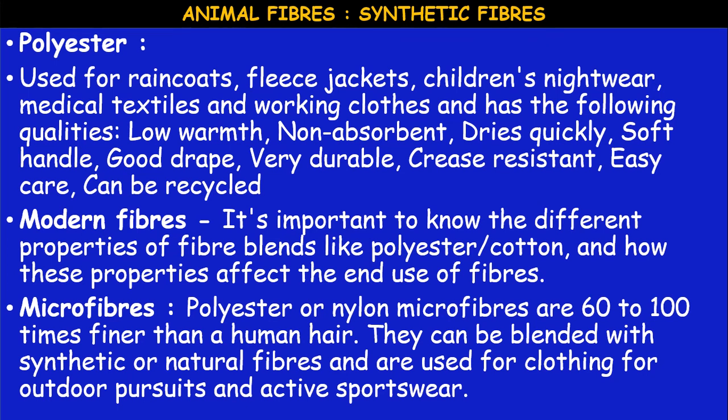Polyester or nylon microfibers are 60 to 100 times finer than a human hair. They can be blended with synthetic or natural fibers and are used for clothing for outdoor pursuits and active sportswear.